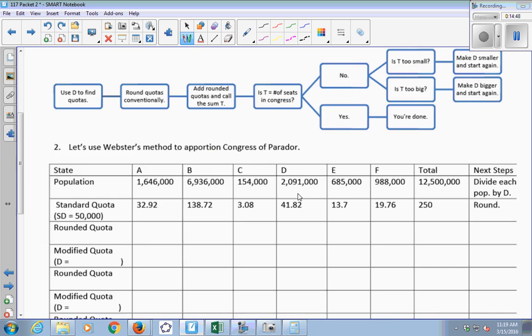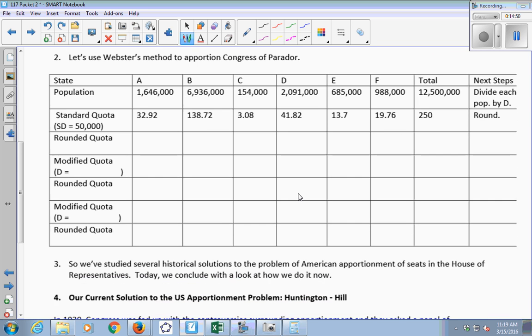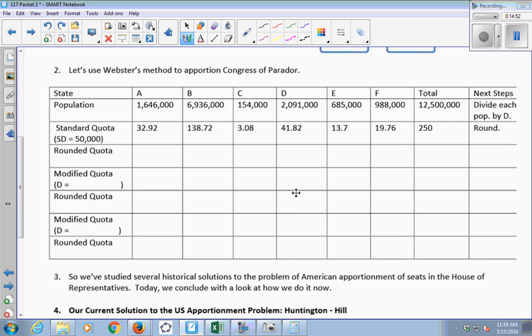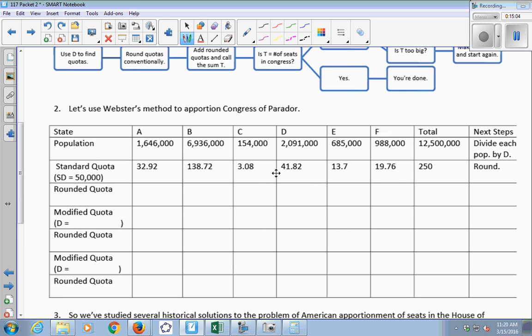So let's see what happens when I do this with the same problem that we've been doing with all of our apportionment, the Congress of Parador. I already have the standard quotas done, and if you forgot how we get there, the first thing you always do is start by finding the standard divisor, total population divided by number of seats.